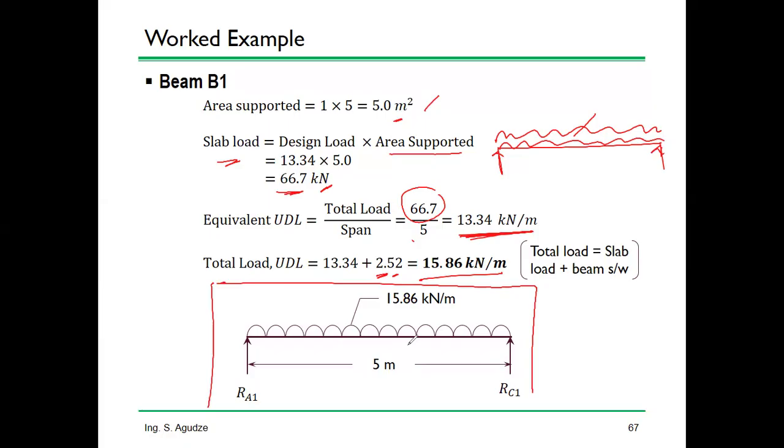So from here, we are able to generate this. Take note of this RA1. These are the grid intersections. C1 is the grid intersection, and then A1 is the grid intersection where the columns are. So the same approach is used for all.